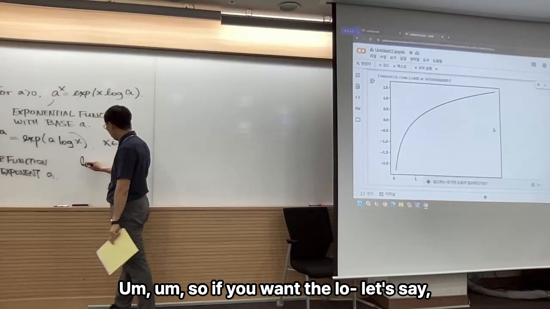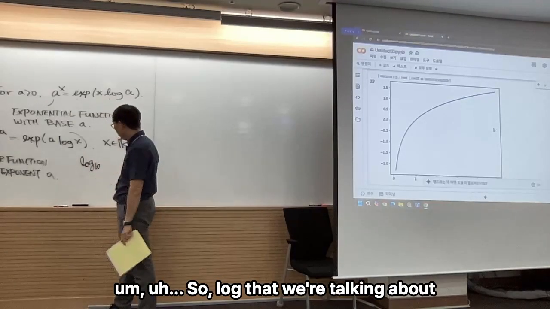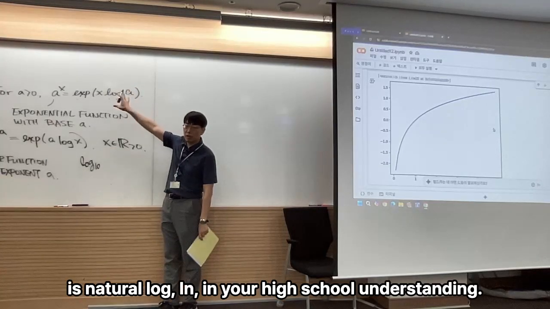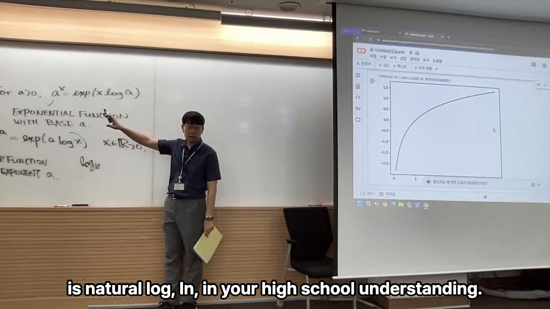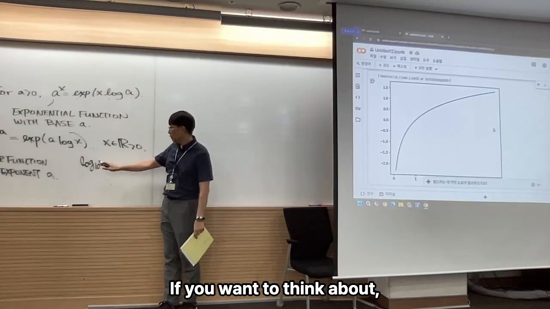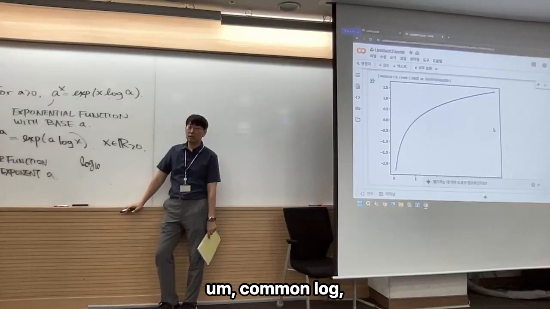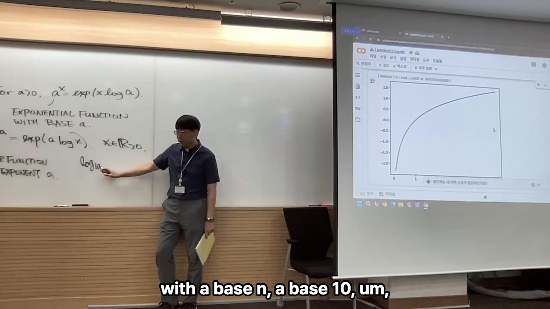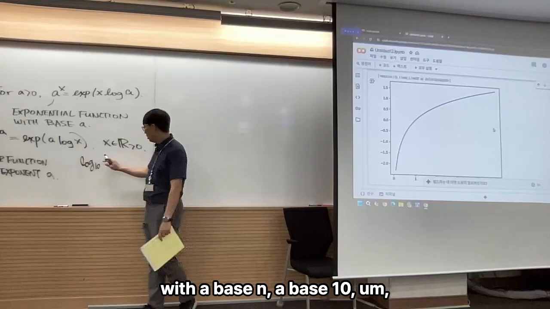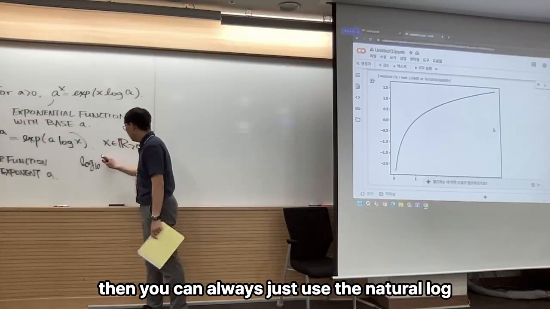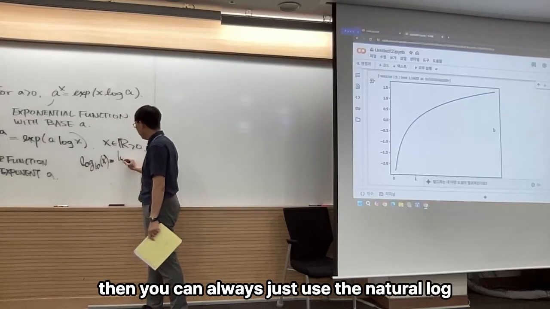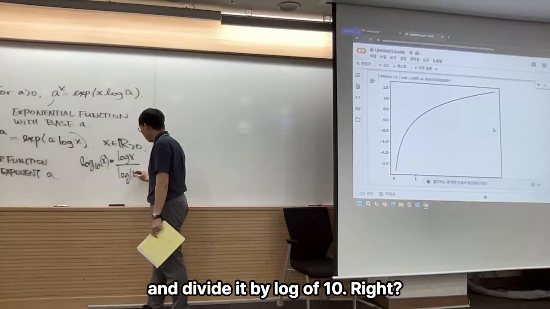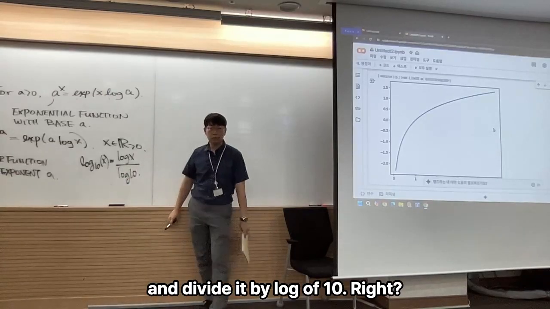So the log that we're talking about is the natural log, ln, in your high school understanding. If you want to think about the common log, with a base 10, you can always just use the natural log and divide it by log of 10, right?